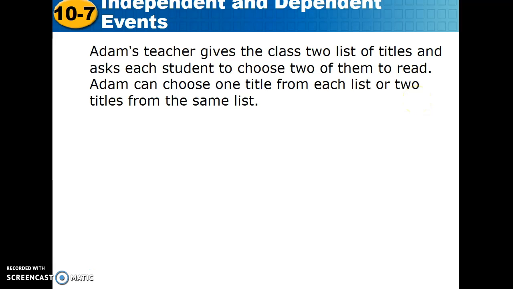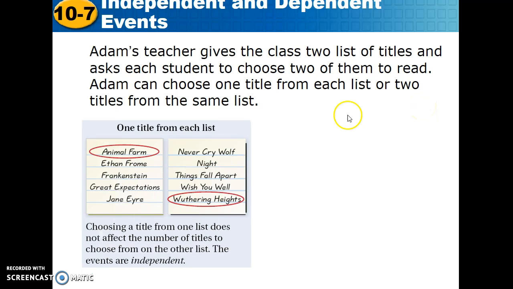Adam's teacher gives the class two lists of titles and asks them each to choose two to read. Adam can choose one title from each list or two titles from the same list. So here we have the list of books, and one title from each list would look like this.